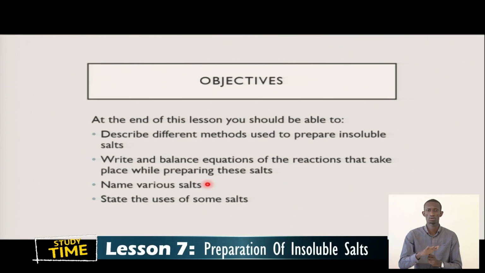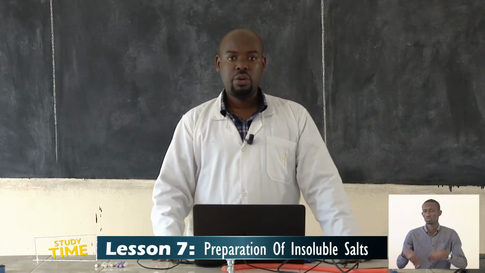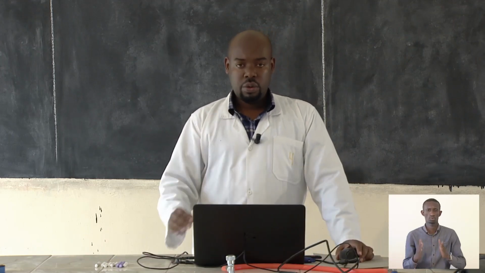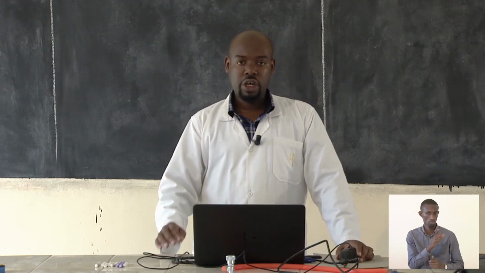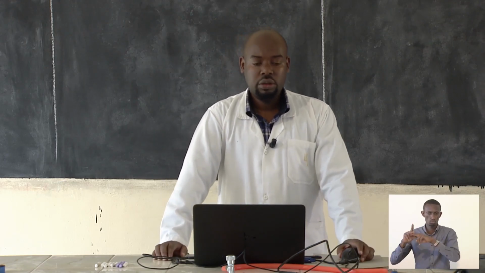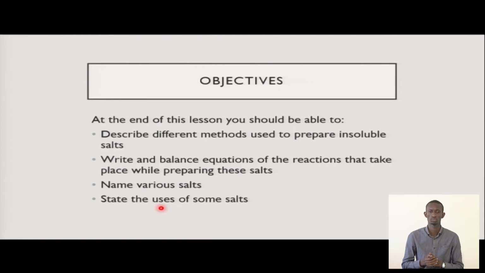We have studied the preparation of salts, and we will continue with the same topic. And we will have a chance of recalling how we name salts. And lastly, we will be able to state some of the uses of the common salts. Some of the common salts, of course, not all of them.